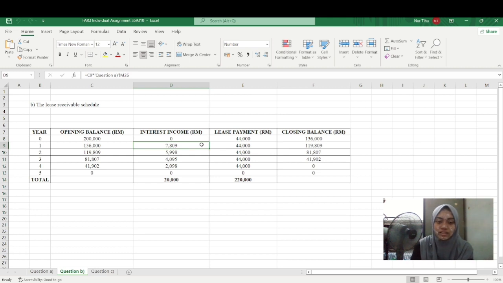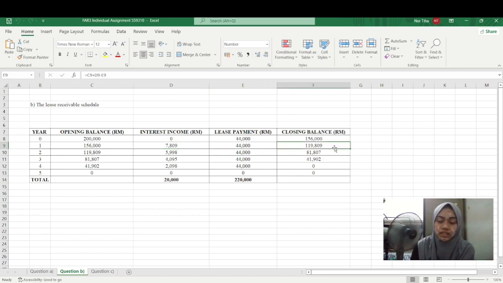7,809. Same goes for the others. The calculation is the same. For closing balance, the calculation is also the same. The closing balance for year 1 is 119,809, because the opening balance we plus interest income 7,809, and then we minus 44,000, and then we get the answer.